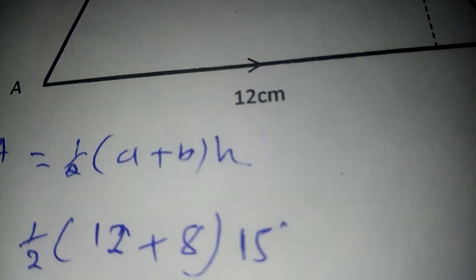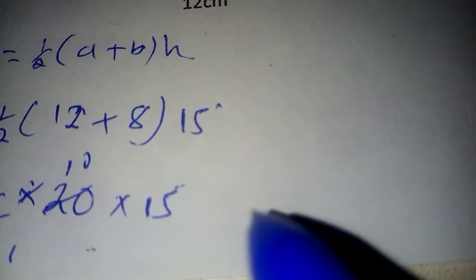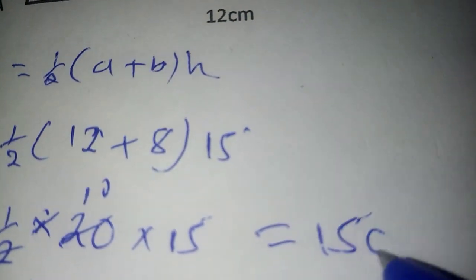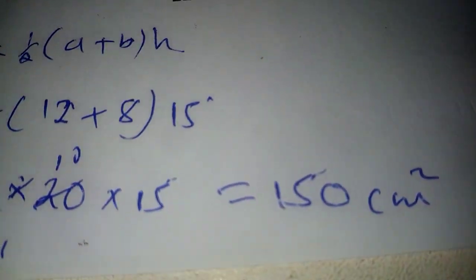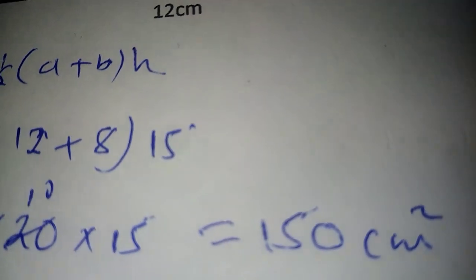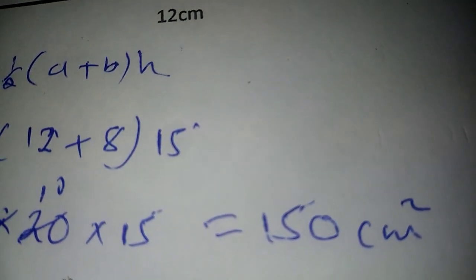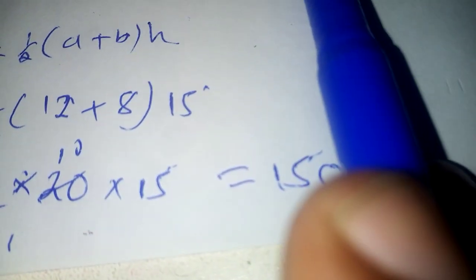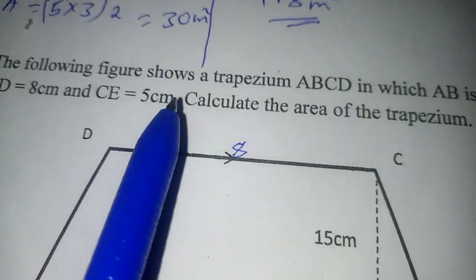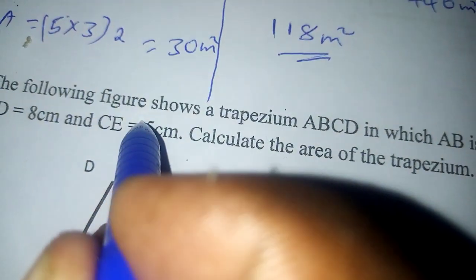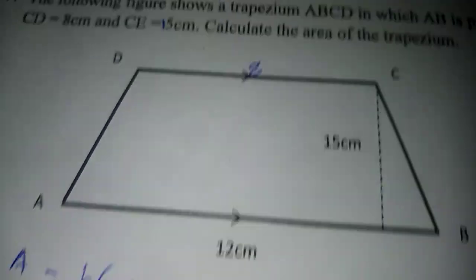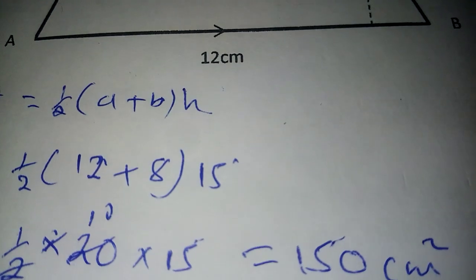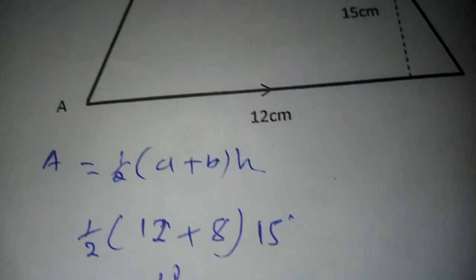So this is 10 times 15, that is 150 centimeters squared. So this is 15, yes. This was to be 15 also here. Yes, 15, 12, 8 is okay. So the answer is 150 centimeters squared.